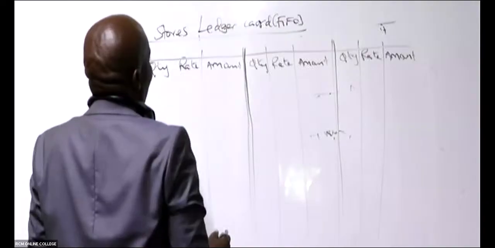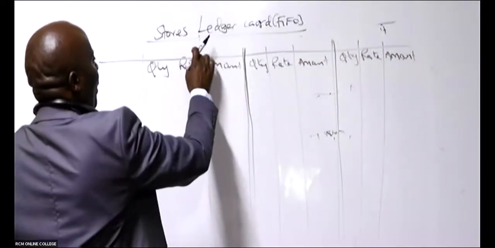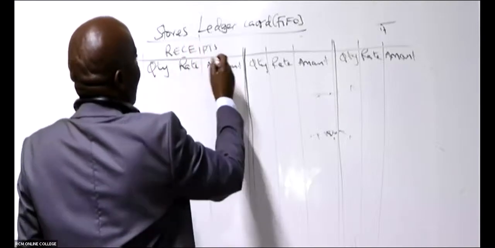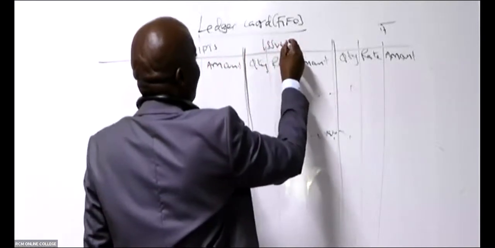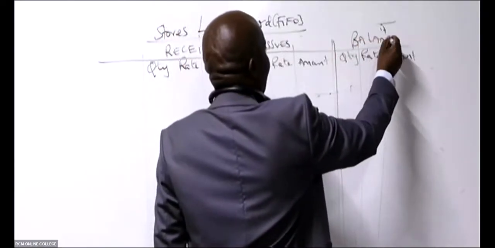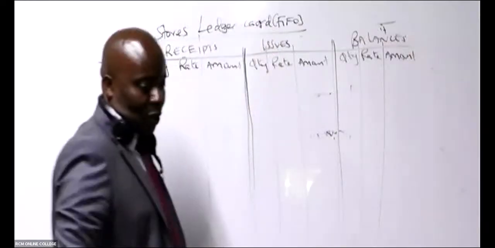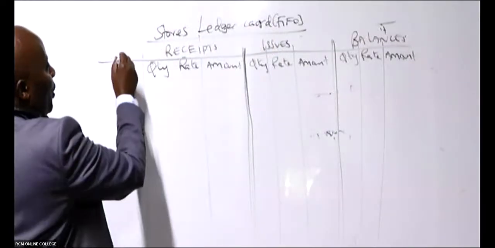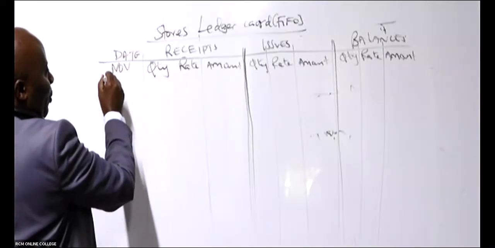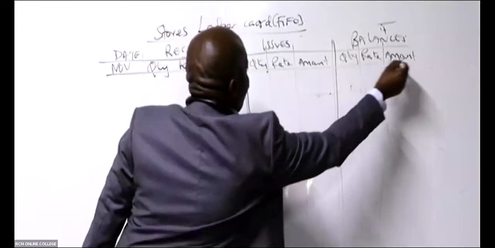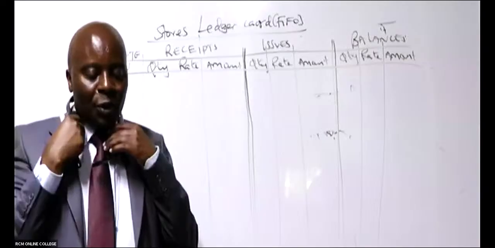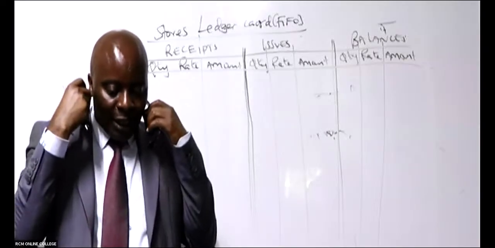The first one here is receipts, then we shall have issues, then balances. And here we shall have the date, and then you write November, month of November. Once you finish writing up yours, mention there yes, Y for yes.